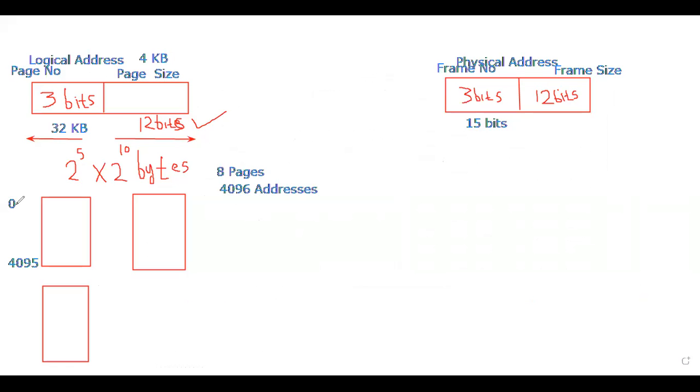Then page 2 is from 8192 to 12,287. Why?